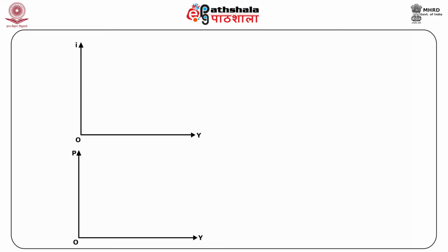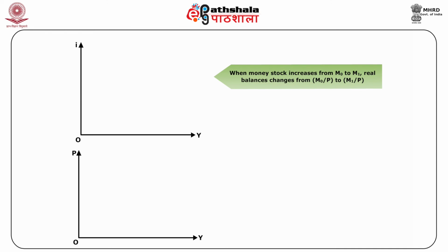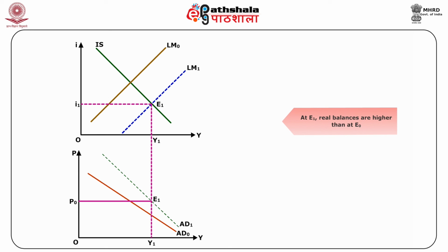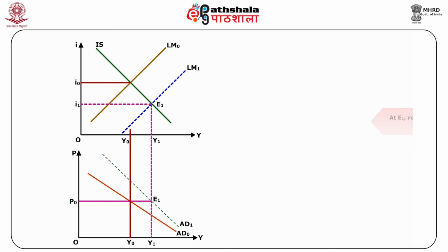Consider the given figure. When the money stock increases from M0 to M1, real balances change from M0 by P to M1 by P. Aggregate demand shifts proportionately from AD0 to AD1. Note that when the money stock increases, the economy moves to the equilibrium point E1. But at E1, real balances are higher than at E0.